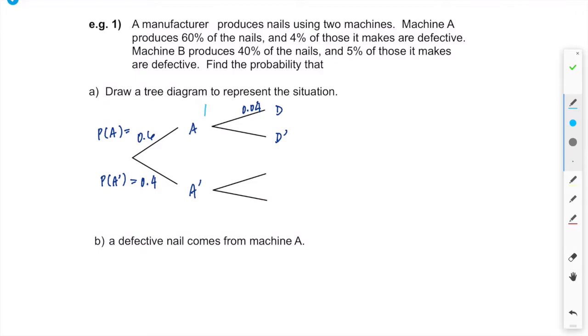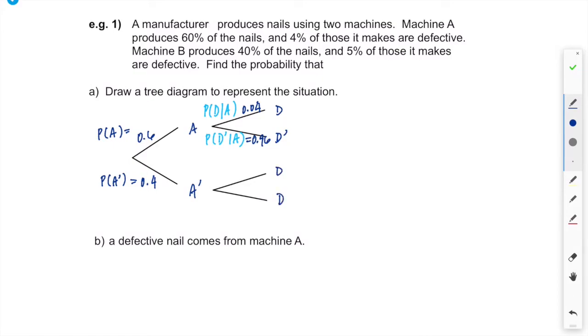I can certainly call it the probability of a defective nail, but not only that, knowing that, so given it came from machine A, okay? Which means that the probability of not defective given it's coming from machine A would be the other 96%. Not bad.